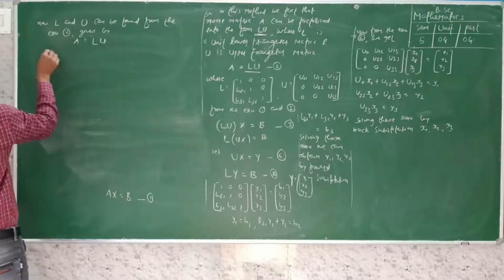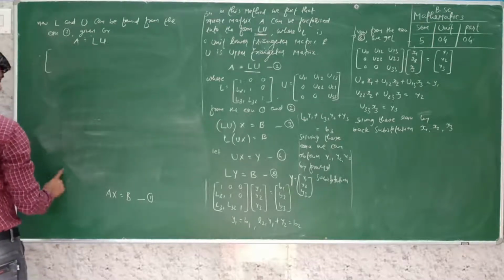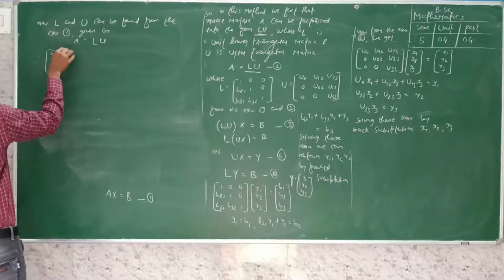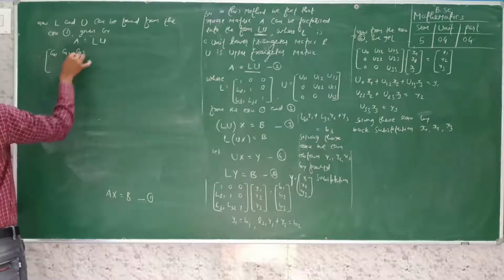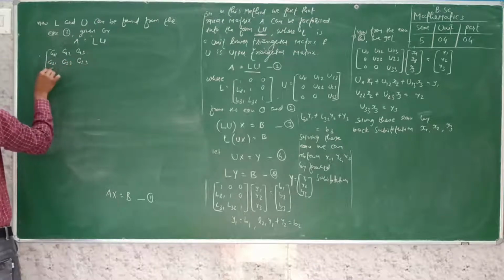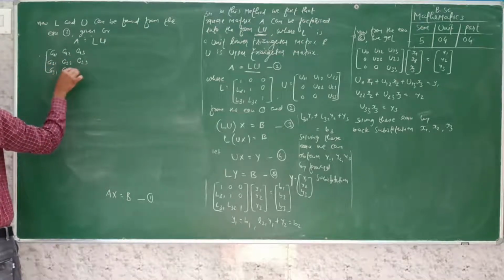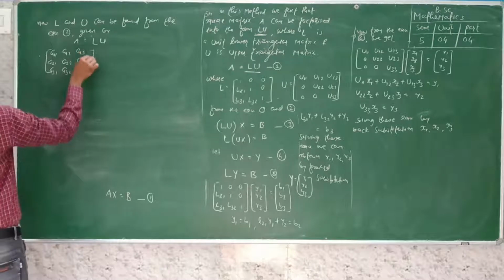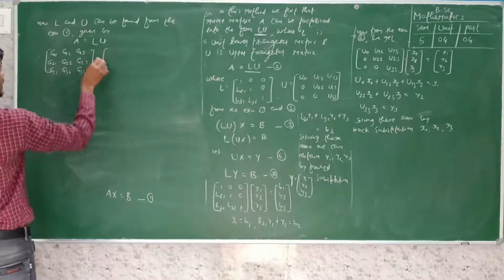So what is the square matrix A? We can write this square matrix as A11, A12, A13, A21, A22, A23, A31, A32, A33. That is the square matrix A.